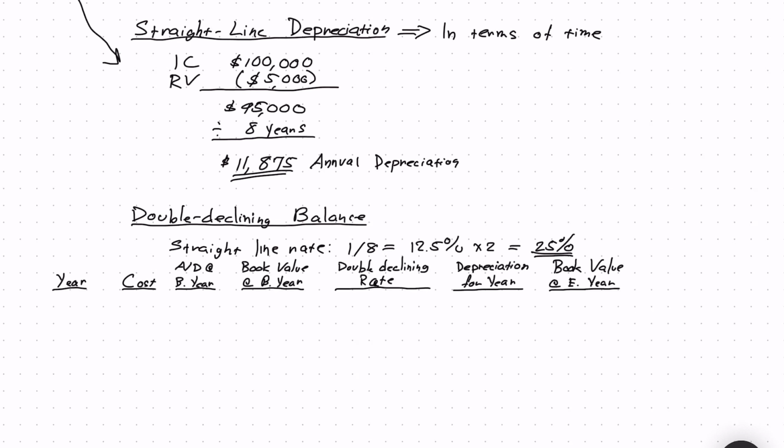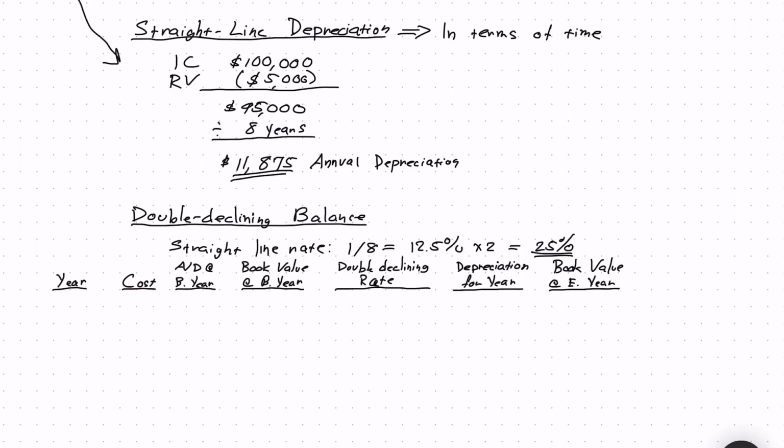Okay, so we just set up our chart for determining double declining balance. Let's go ahead and talk about it. In the first column, we have the year. When we talk about year, it's what year are we in from when the asset went into service. So we're only going to do 3 years on this one, even though it goes out to 8.